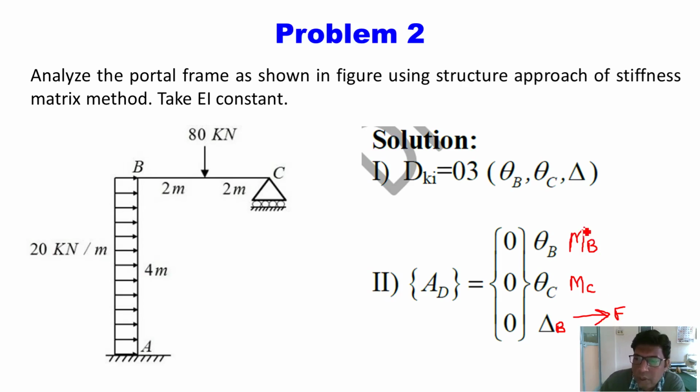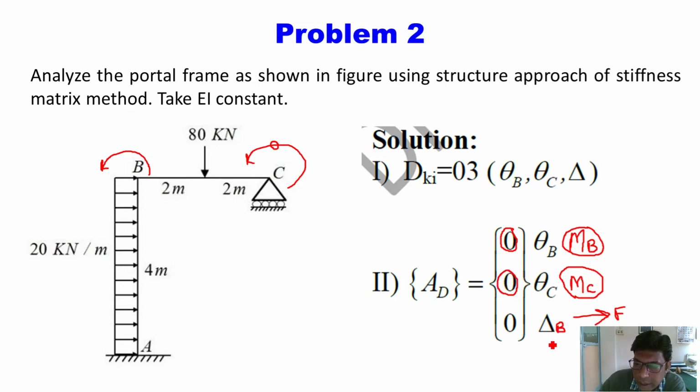So is there any moment acting at point B in the original structure? If you look at the original structure, there is no moment acting at point B. So this element is equal to 0. Similarly, is there any moment acting at point C? No, there is no external moment acting at point C as well. So second element is also equal to 0.